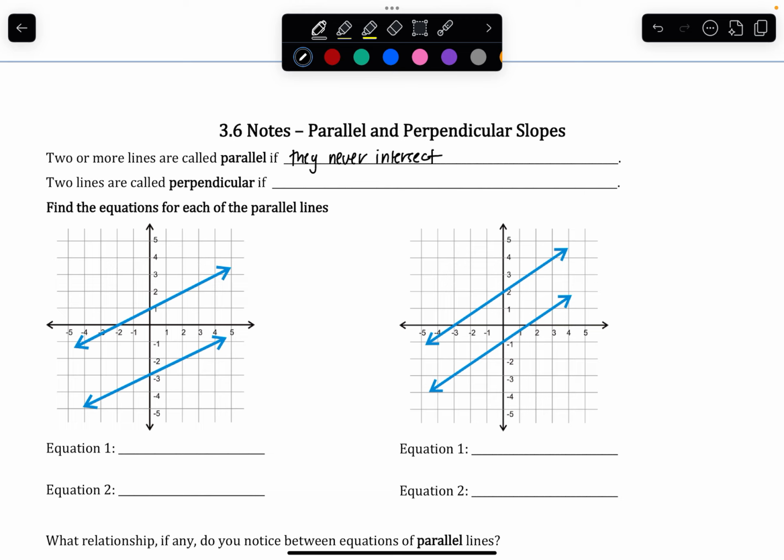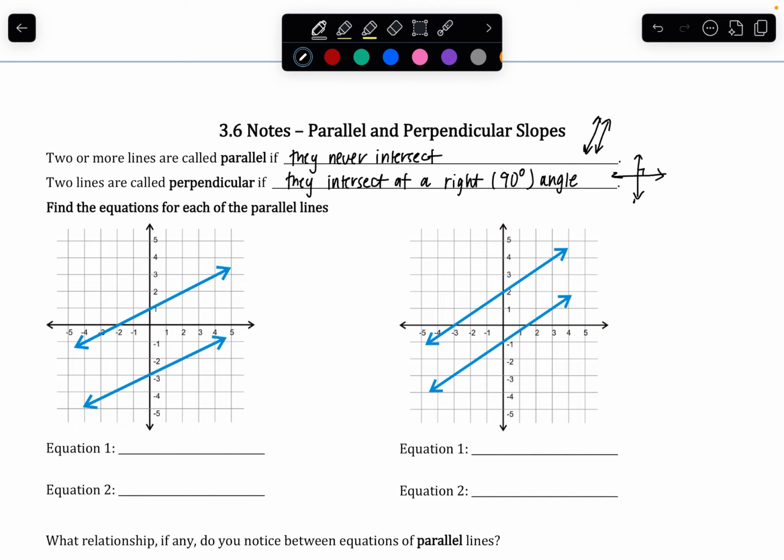Two lines are called perpendicular if they intersect at a right angle, which is 90 degrees, a 90-degree angle. Parallel lines look somewhat like this, and perpendicular lines intersect at a right angle.